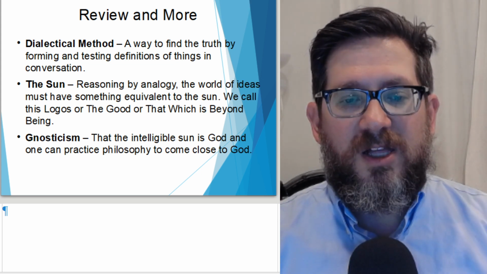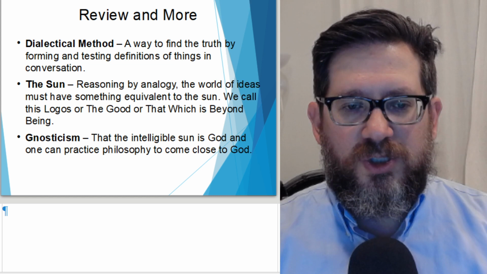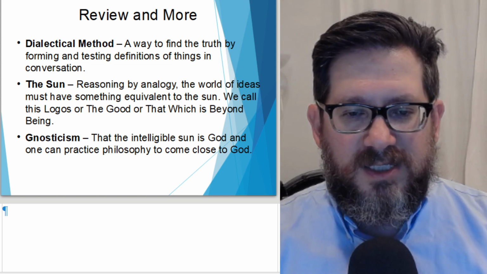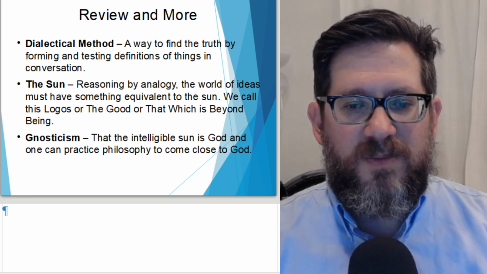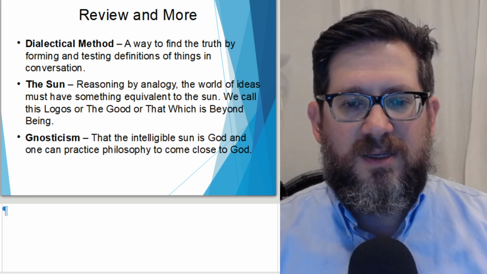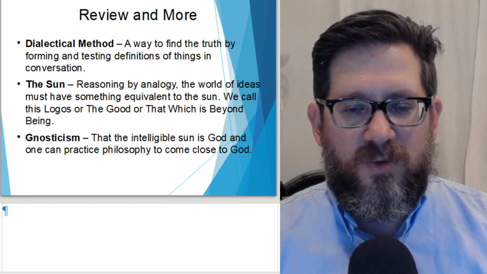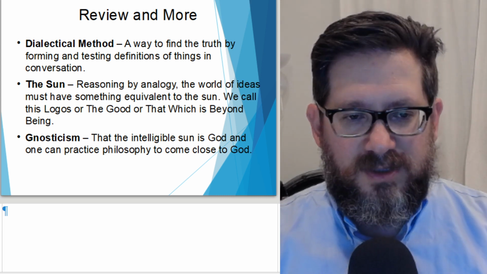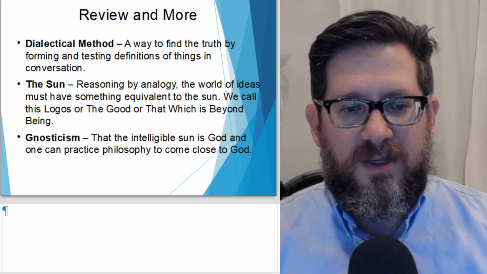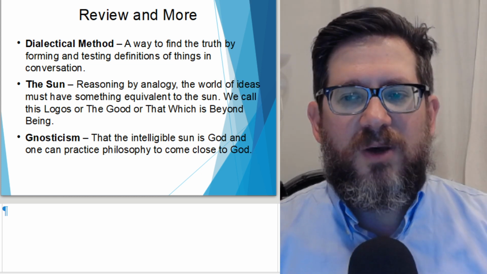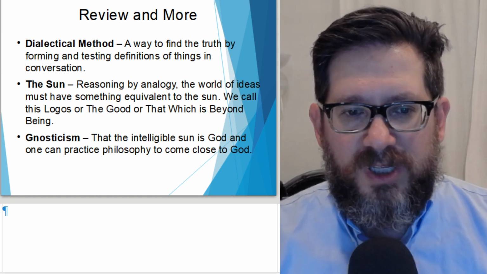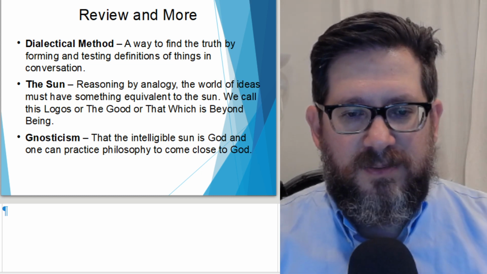But if the intelligible sun is the source of all things, the idea is that it itself can't originally be a thing then. Because if it was, then there would have to be something prior to it that becomes the source of all things. Okay, where am I headed? Well, I want to say that from Platonism, we get an entire religion, Gnosticism.